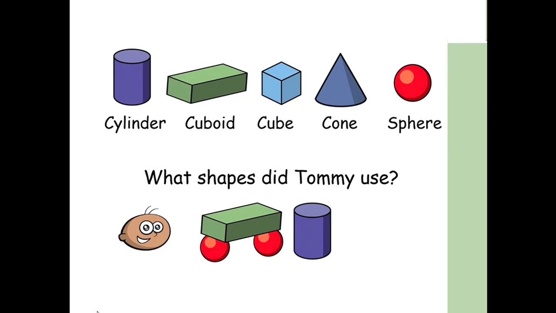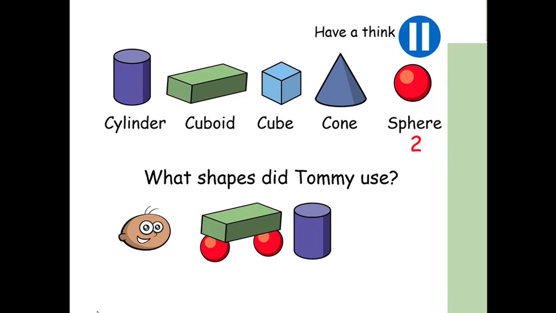And before we take a look at what Tommy was building and what shapes he used, let's review the names of the shapes at the top. Cylinder, cuboid, cube, cone, and sphere. Pause here and have a think. What shapes did Tommy use?